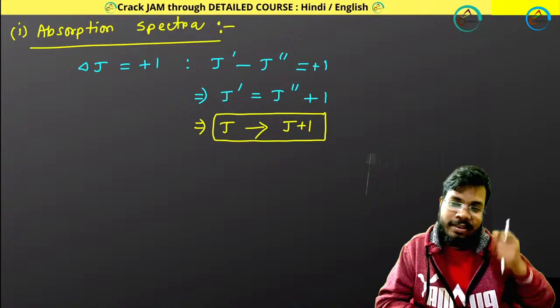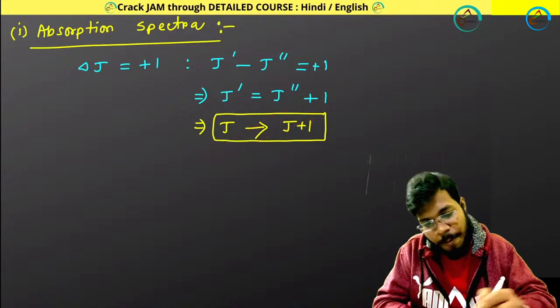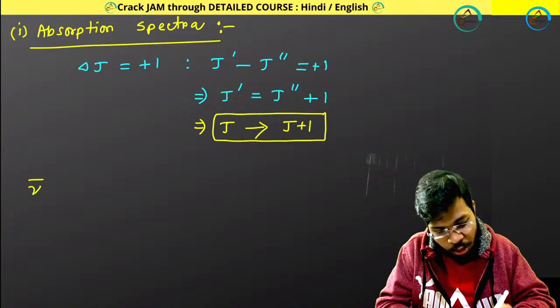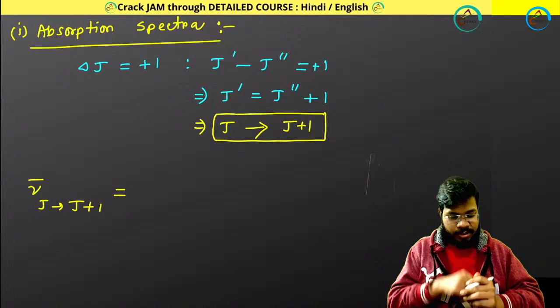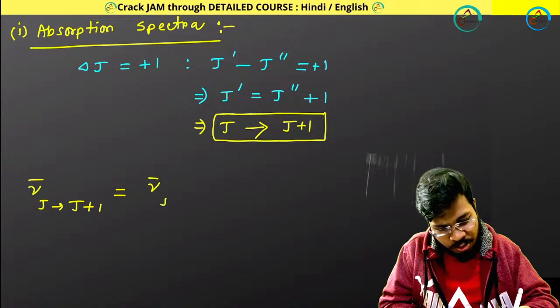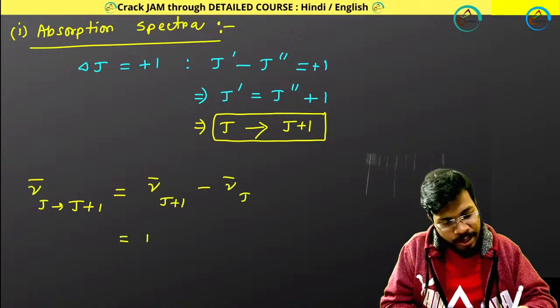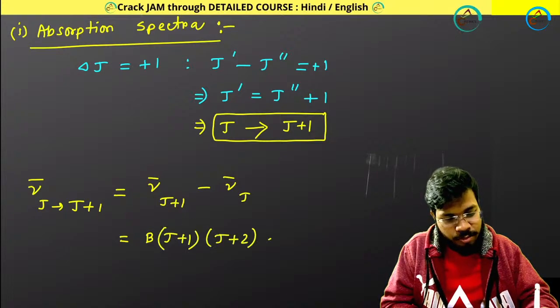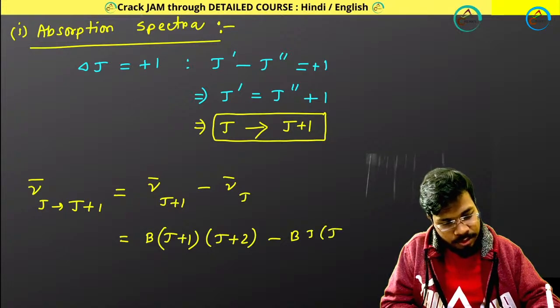Now if you again calculate ν̄ from J to J plus 1, what will be your expression? Let's have a look. ν̄ equals ν̄_(J+1) minus ν̄_J. If you put the values, B(J+1)(J+2) minus B J(J+1).